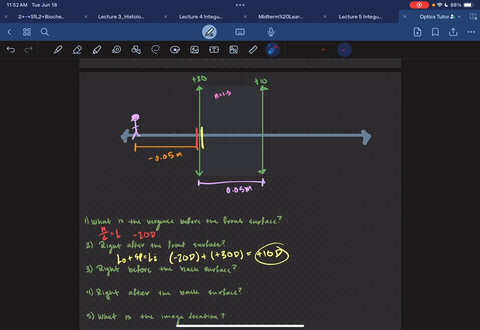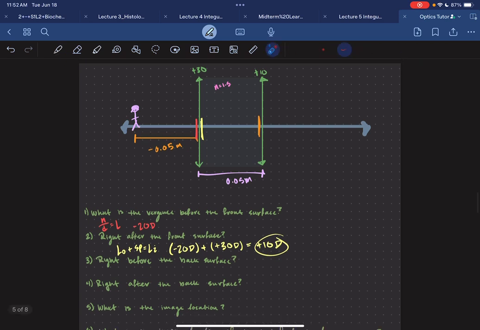So in order to find that divergence right here, we need to find a point of reference so that we can measure from it. We'll use the divergence right after the front surface to find that point. Sorry, that was a lot of saying the word point. What we'll do is find that focal point for the divergence, which is plus 10.